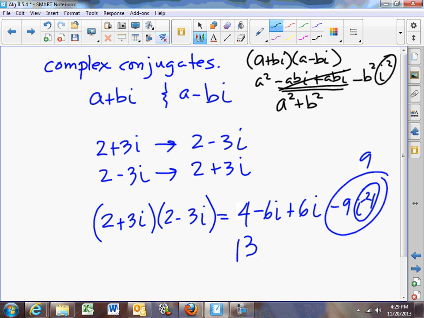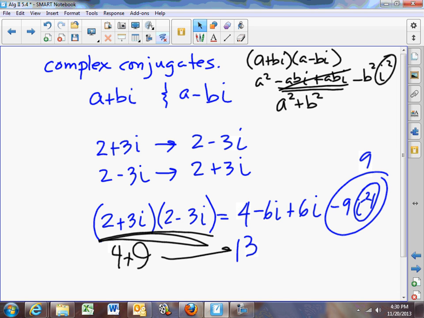And if you remember this, you can look at a multiplication problem like this and know the answer very quickly, because the answer is just 2 squared, that's 4, plus 3 squared, that's 9. Now remember, the answer we got was 13. Ask yourself, what is 4 plus 9? Well, it's 13. So when you're multiplying complex conjugates together, you get a real number.